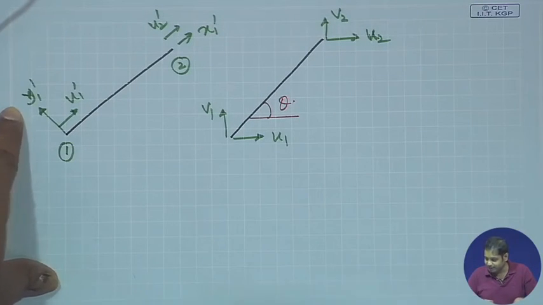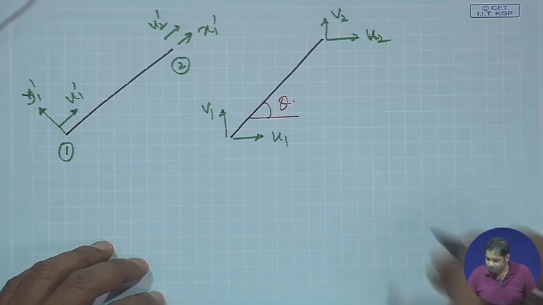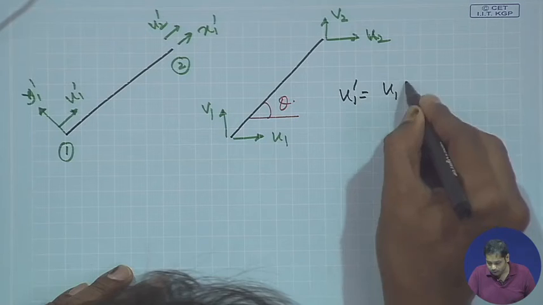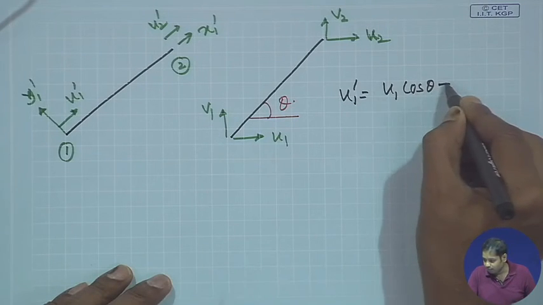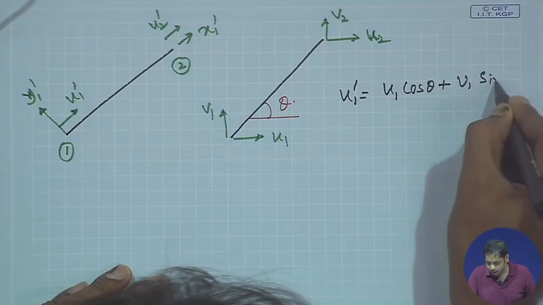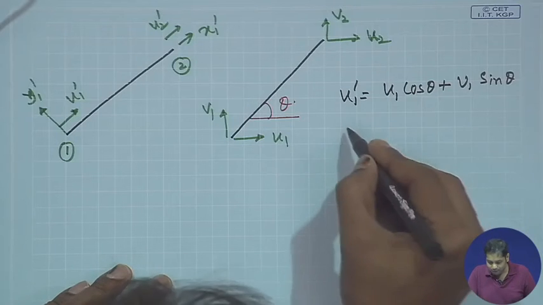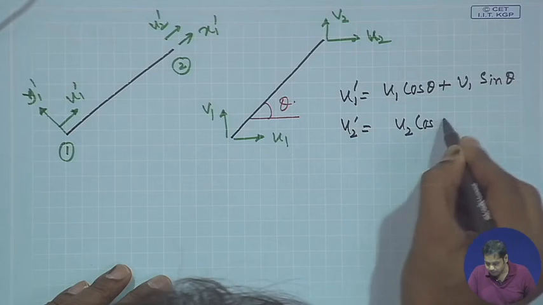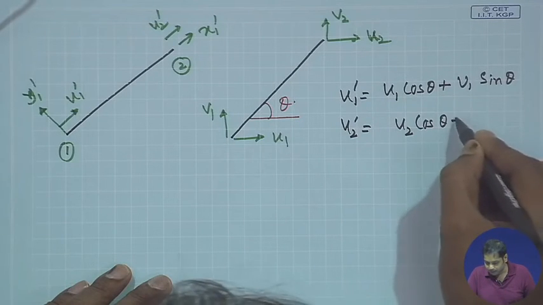And if this angle is theta, then we can easily write that U1 dash is equal to U1 cos theta plus V1 sin theta, and you can check this easily.